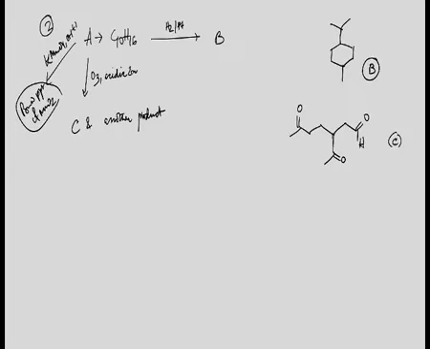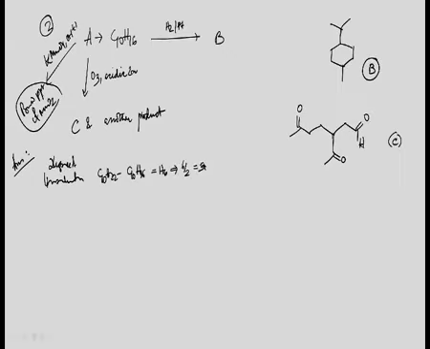The degree of unsaturation, similarly, C10H22 minus C10H16 is equal to H6, and that means 6 by 2 is equal to 3.